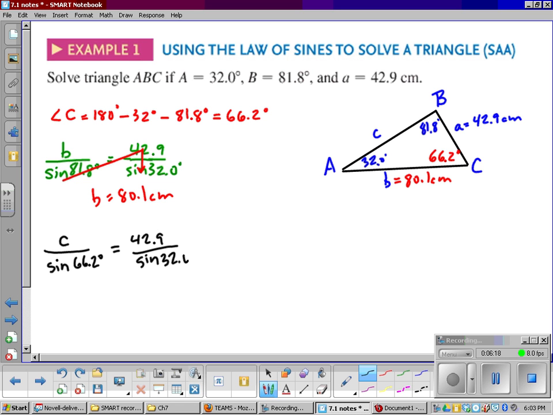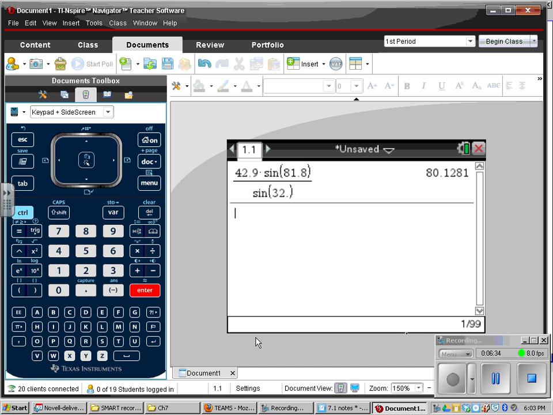Now you notice that this fraction here is the same as that fraction there, which is going to save me time when I go back to my calculator, because then I just have to change the sine 81.8 to sine 66.2, and I can do that by editing the line above. So I'm going to go up there and grab that, and then I'm going to go over here and edit, and I just want sine instead of 81.8. I want sine 32.